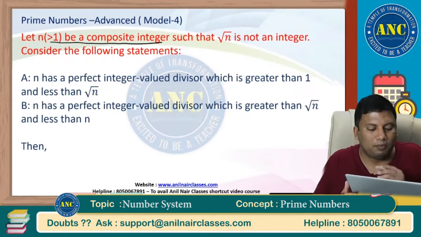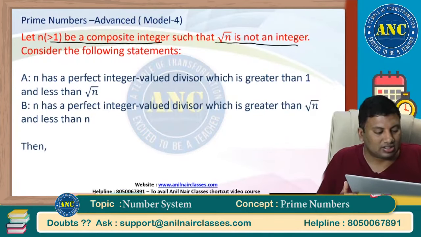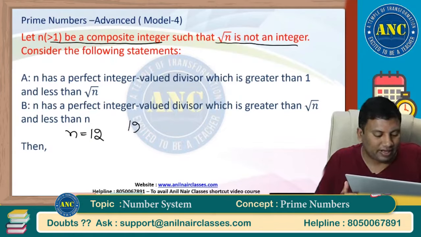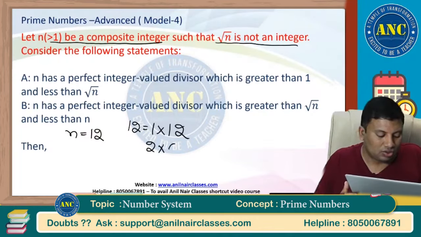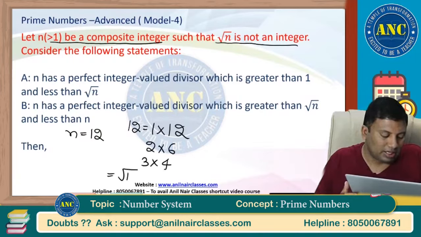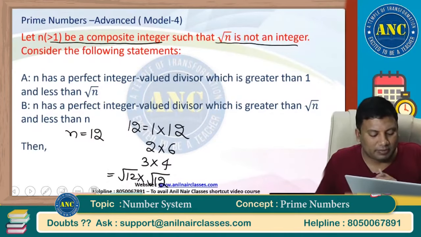n is a composite integer, root n is not an integer. Suppose let me take n equivalent to 12. 12 can be written as a product of two factors: 1 into 12, 2 into 6, 3 into 4. It can also be written with a non-integer, root 12 into root 12, which is nothing but 12.